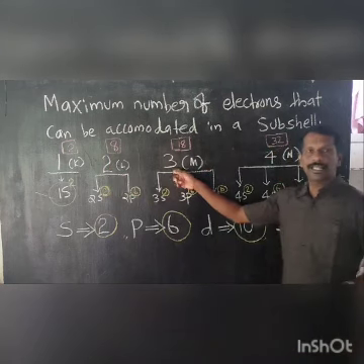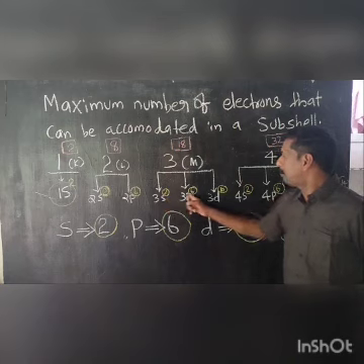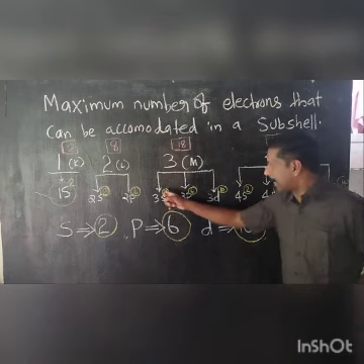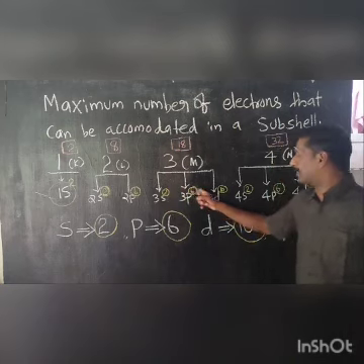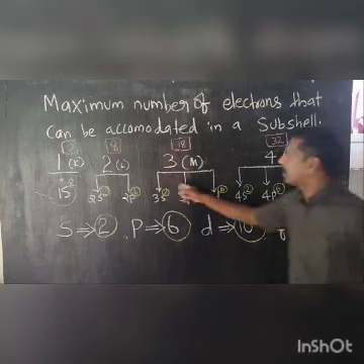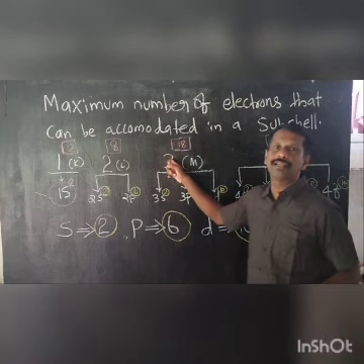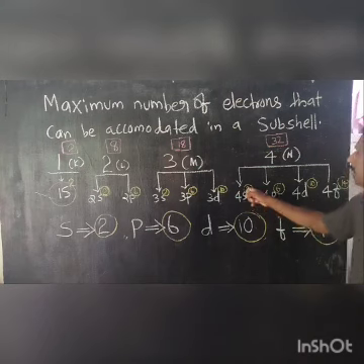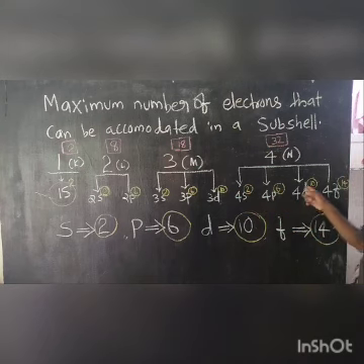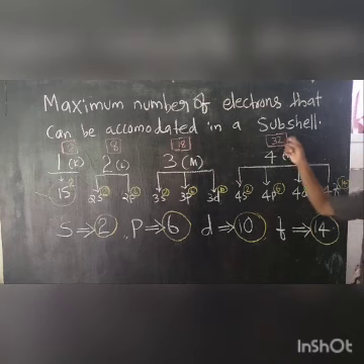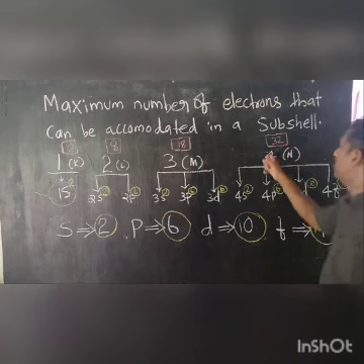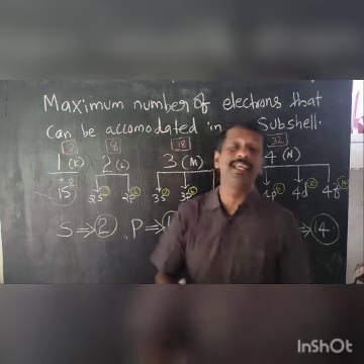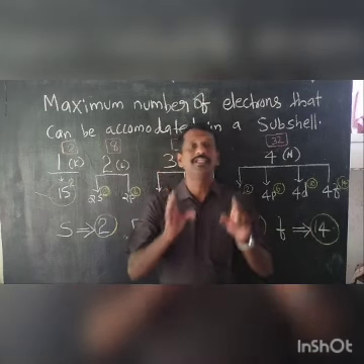Similarly, in the third shell, there are 3 subshells, S, P, and D. S can take 2, P can take 6, and D can take 10. Altogether, it is 18 in the third shell. Similarly, in the fourth shell, S, P, D, and F: 2 plus 6 plus 10 plus 14, it is 32. So 32 is the total number of electrons in the fourth shell.